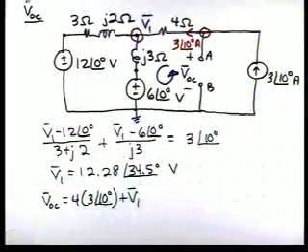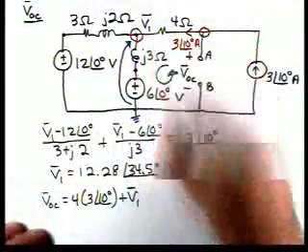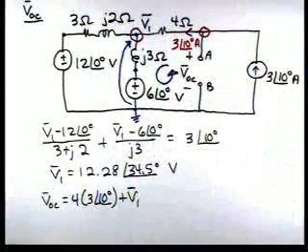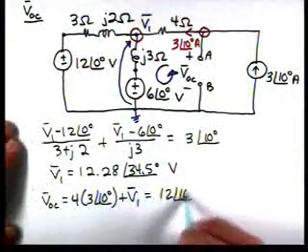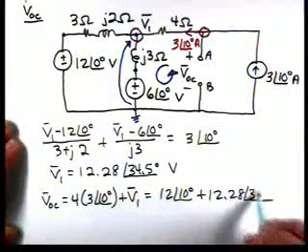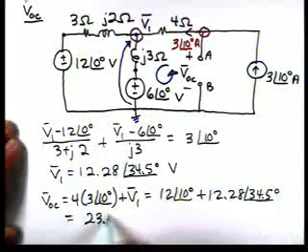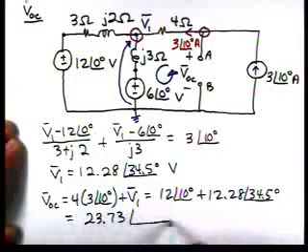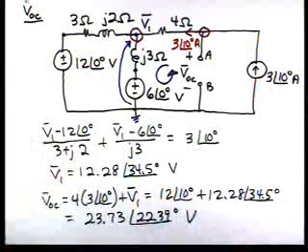Remember, V1 is the voltage from the reference all the way up to that node. So we have 12 at an angle of 10 degrees plus 12.25 at an angle of 34.5. Then VOC is 23.73 at an angle of 22.39 degrees. So now that gets us the open circuit voltage.